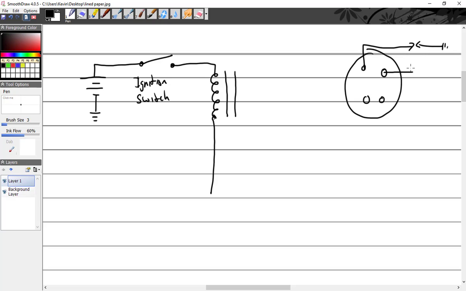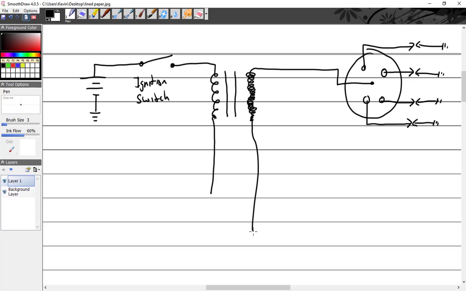Spark points, a spark plug. I want to go from here to here. Lots of turns on this one. That's going to be my secondary. All right, so we'll bring this down to ground.